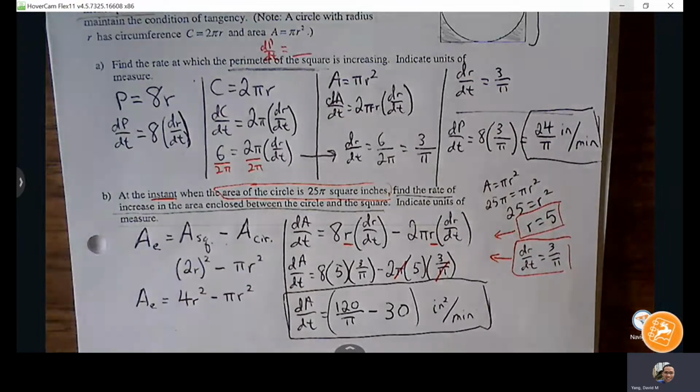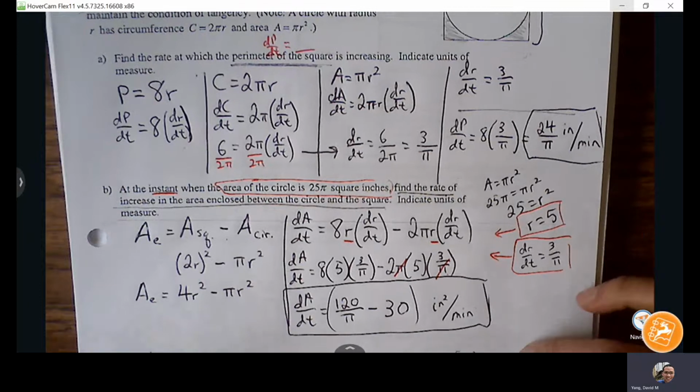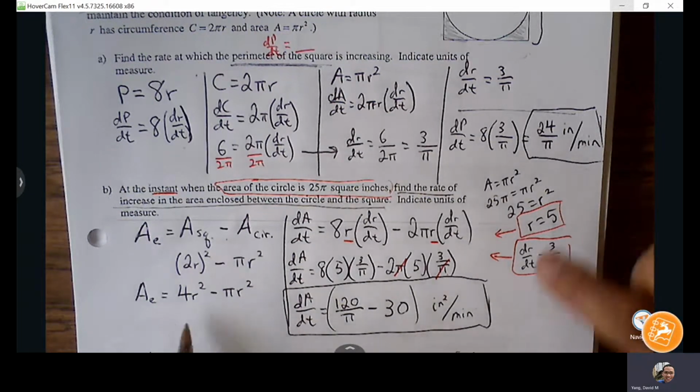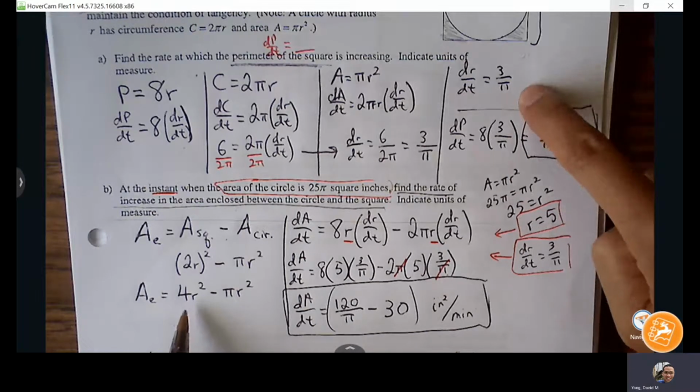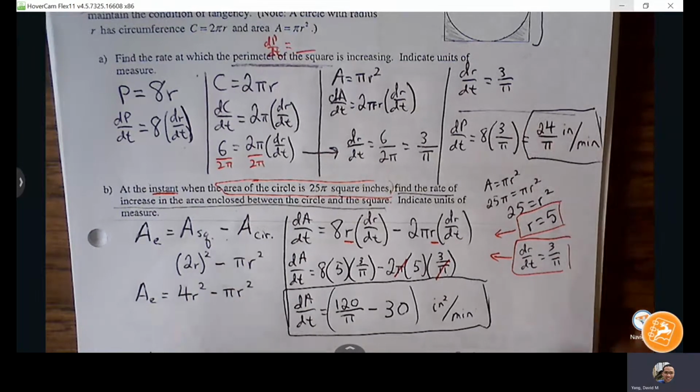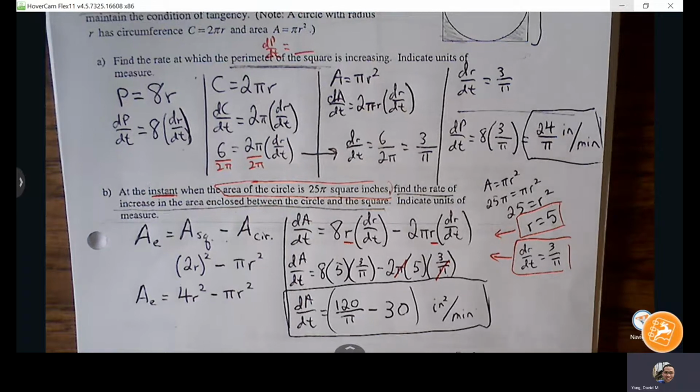So a lot of times there's that connection. Oh, I'm going to use information from part A for part B, or part B for part D. So they always try to draw some sort of connection between each of the parts. So it's always good to review and look back at what you found and see if there's a way to connect. Okay, we're going to skip number 2 for now.